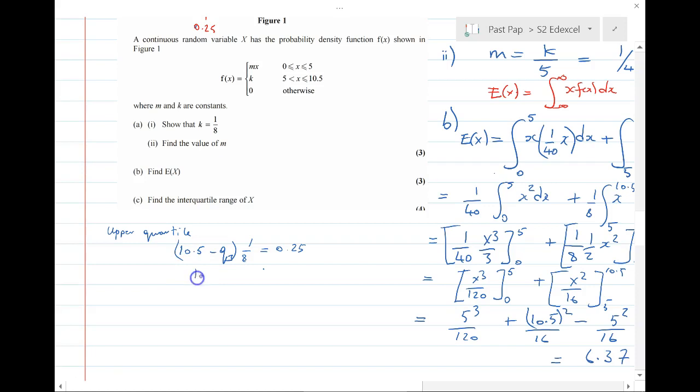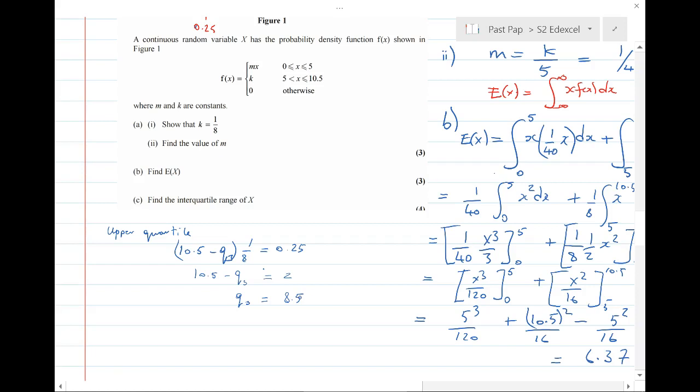Multiplying that out, I get 10.5 minus Q3 equal to 2. So that gives me Q3 equals 8.5. So that's the upper quartile worked out.